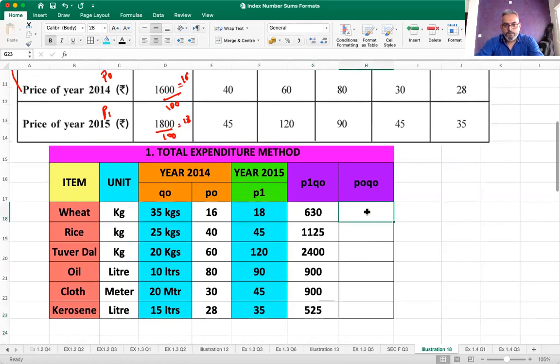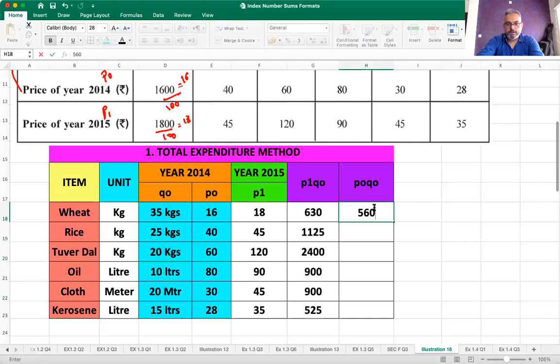Now, P0Q0. So I remove this column. P0Q0. So these two now. So 35 into 16, 560. 25 into 40, 1000, 1200, 800, 600, 420.